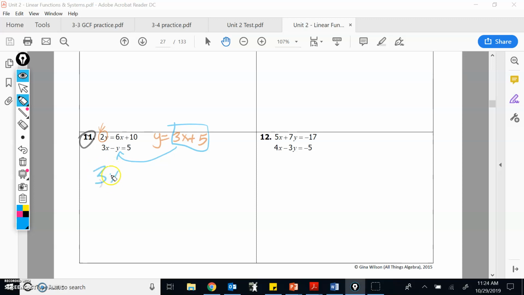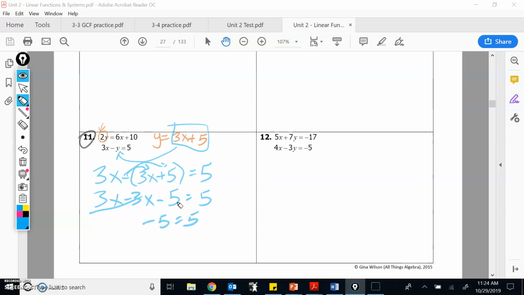I'm left with 3x minus, and a big mistake here is not putting parentheses. So please make sure that when you substitute, you always put parentheses. So we got 3x minus, through the distribution, 5 equals 5. The 3x's cross out, so we have -5 equals 5.